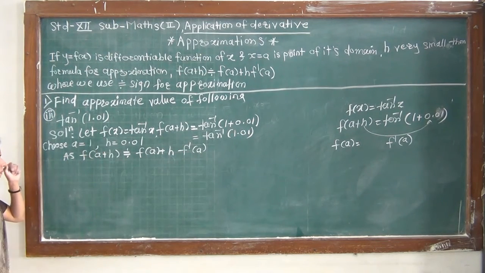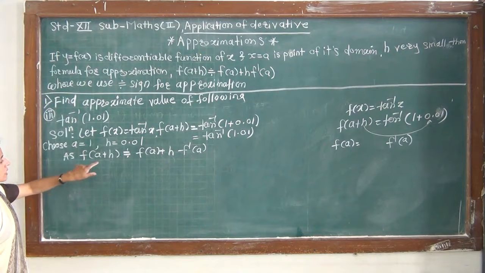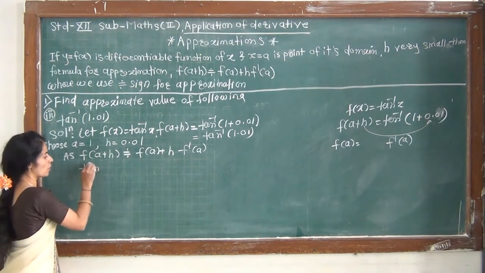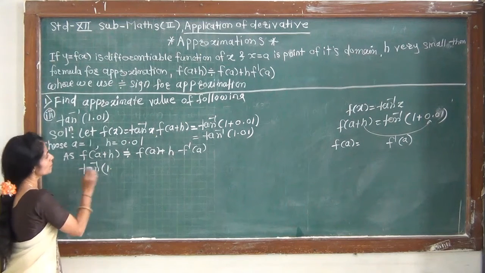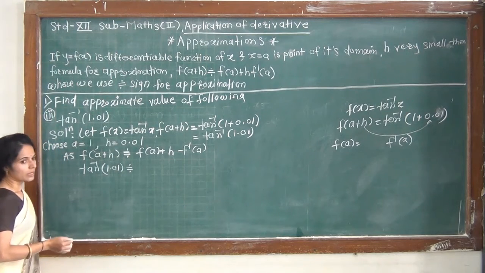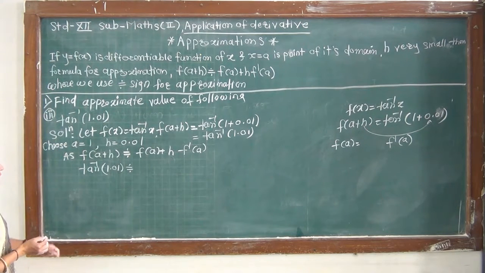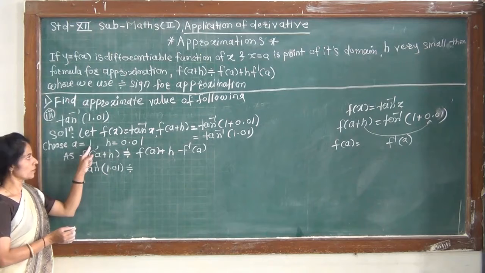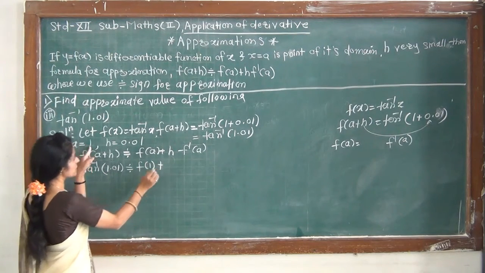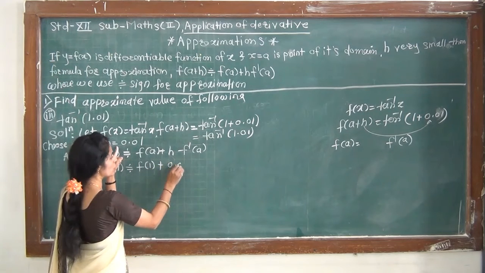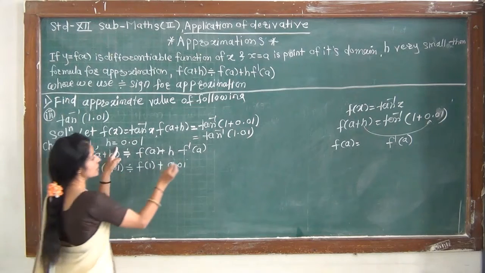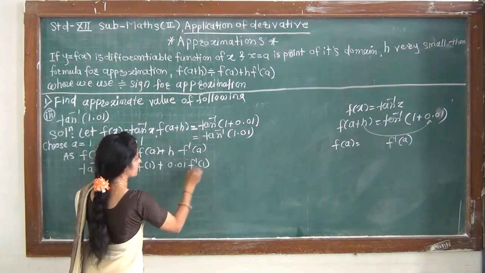So we replace f of a plus h with tan inverse of 1.01, and it is approximately equal to f of a, but the value of a is 1. So it should be f of 1 plus h, which is 0.01, into f dash of a, which should be f dash of 1.